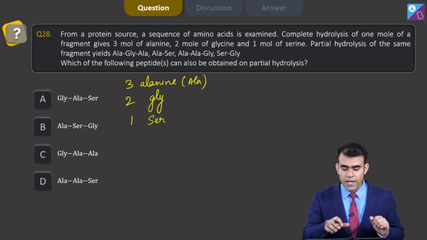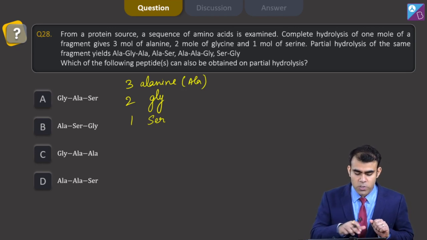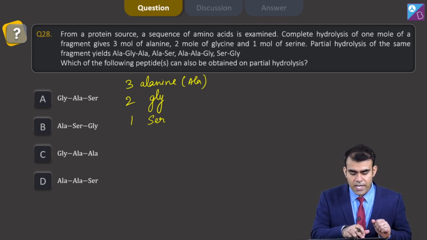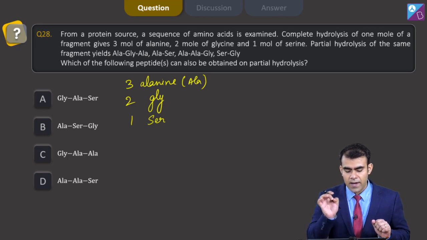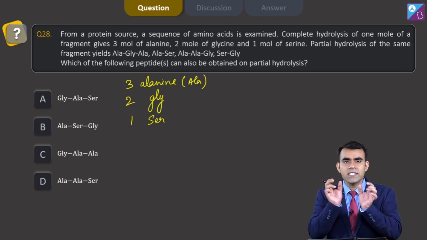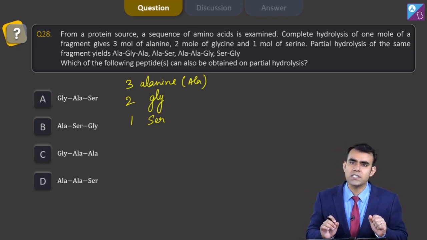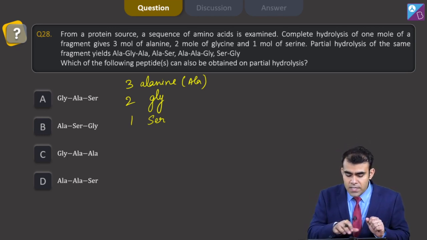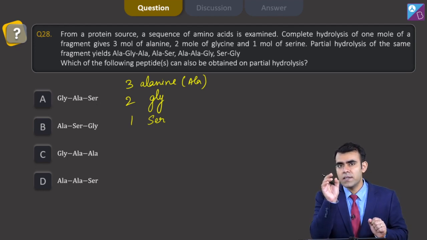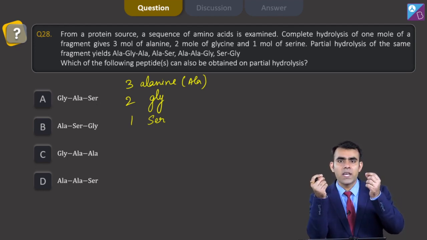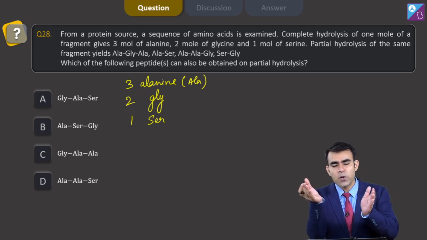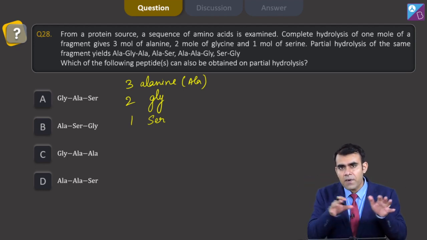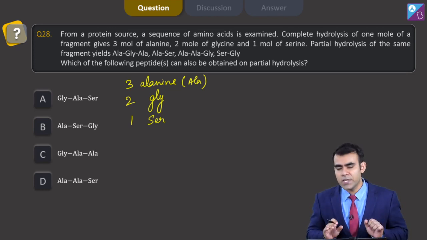Now if you see here, it also says partial hydrolysis of the same fragment yields serine, gly and serine gly. It means we are getting these as fragments on partial hydrolysis, and this gives me information about which amino acid should be between what amino acid, what comes after which amino acid. So we get a rough idea about the sequencing.